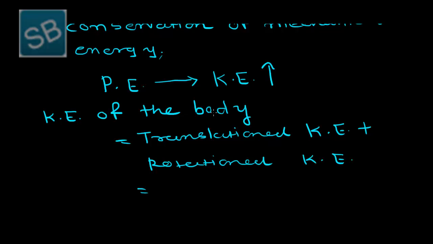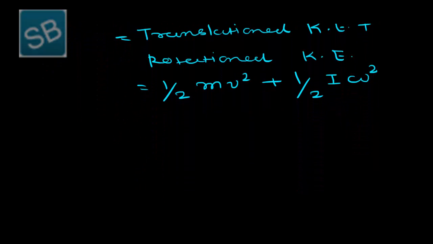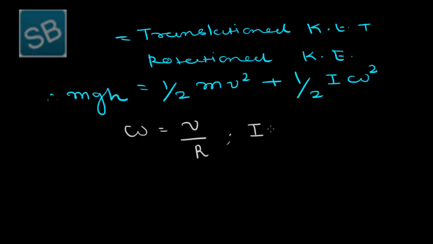Now remember, what was the kinetic energy in linear kind of motion? That was 1 by 2 mv square, and in this case it is 1 by 2 I omega square. And so, according to the law of conservation of mechanical energy, here comes the potential energy, that is mgh. Now, we know one relation, that omega is equal to v over R, and I is equal to mk square.